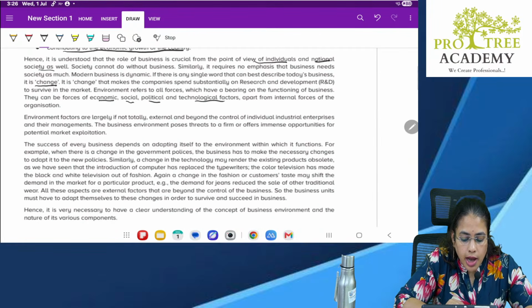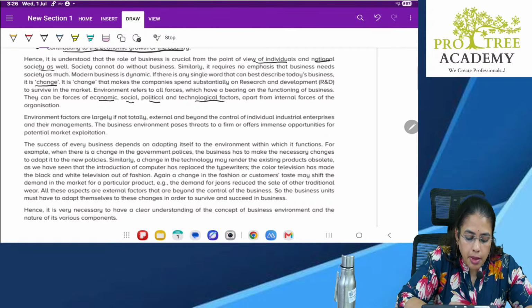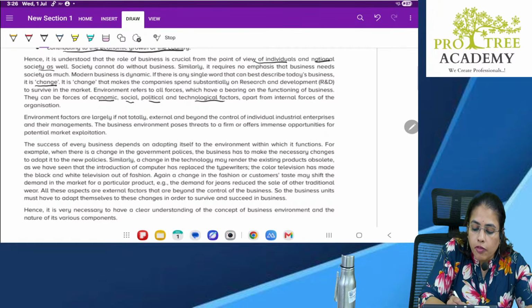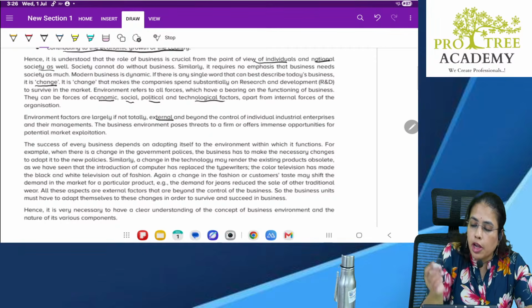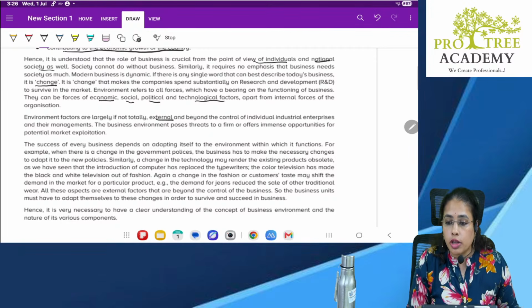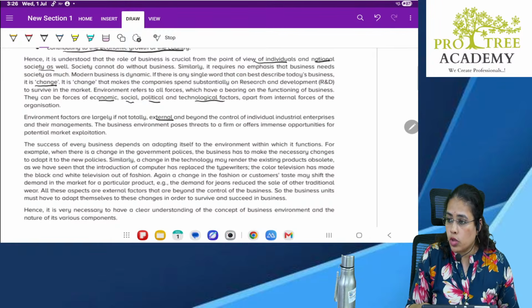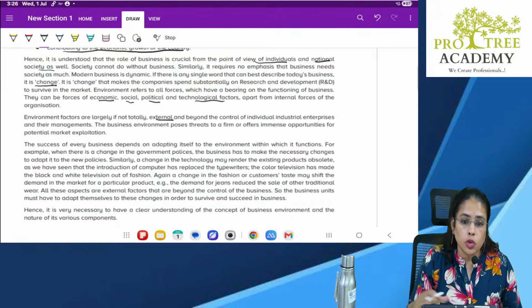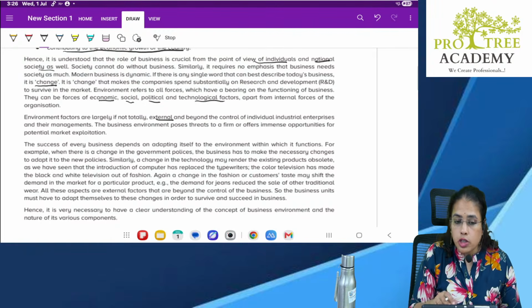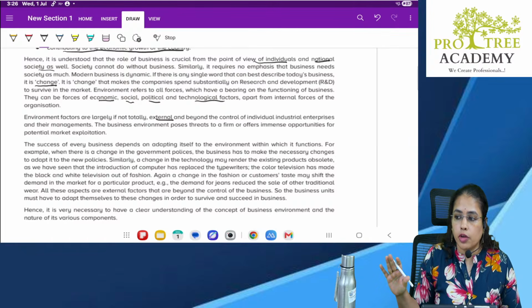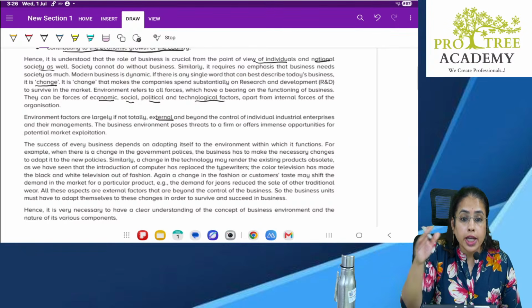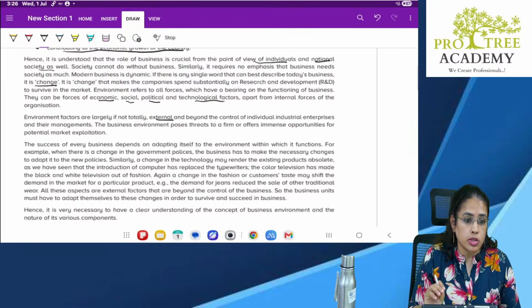Environment factors are largely, if not totally, external and beyond the control of individual industrial enterprises and the management. You cannot control. You cannot tell the government you have to do this, you have to do that. You cannot go and tell the society you have to like this. So that is totally not in our control. We have to act in the way which benefits us.